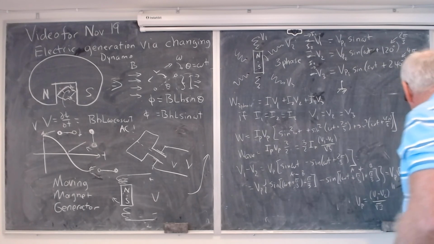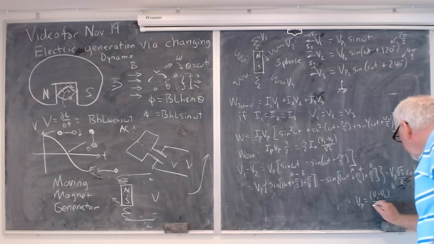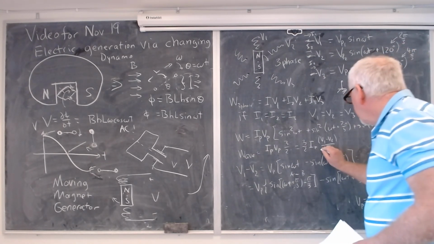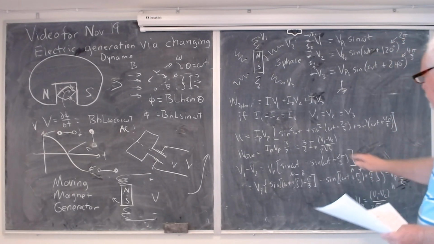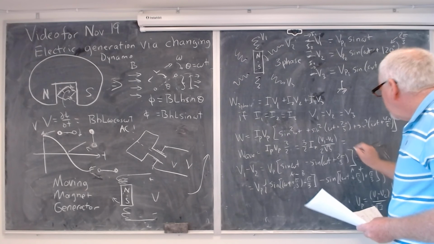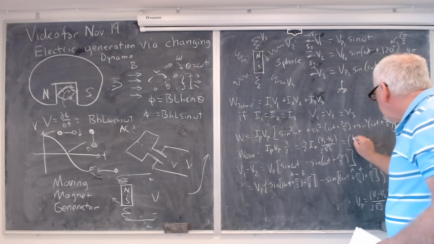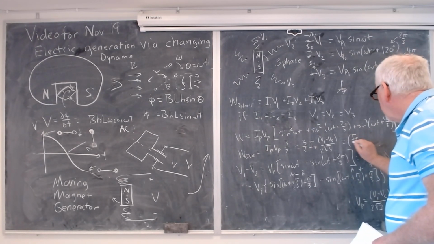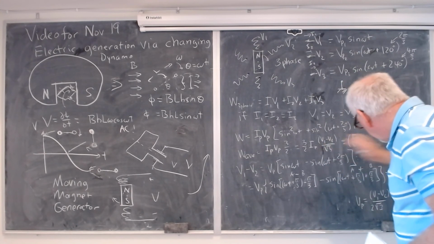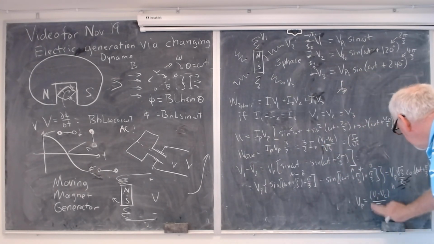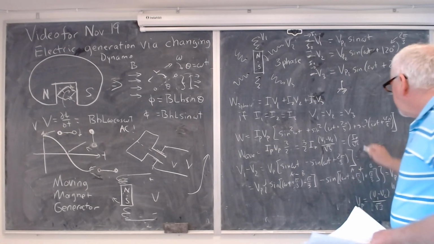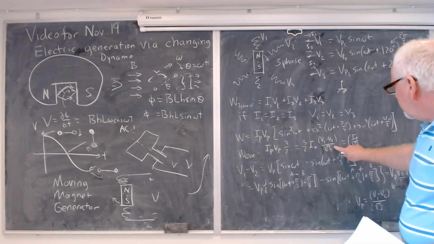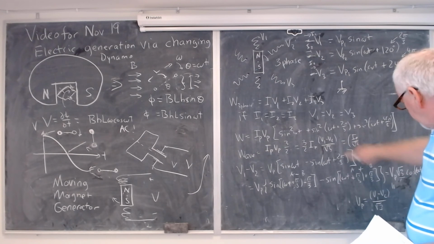Right, sorry, this is V over 2. Oh, sorry, there is no 2 involved. I did it right to begin with. Yeah, that's right. So it's 3/2 times V1 minus V2 over root 3.